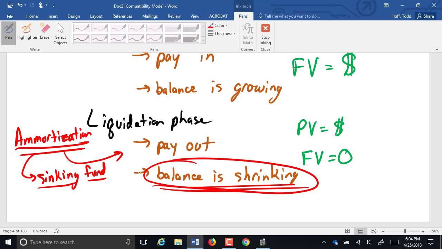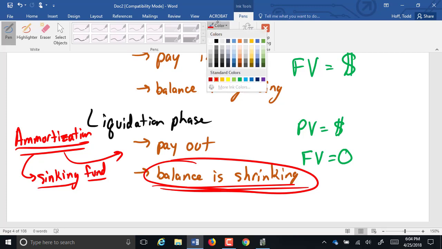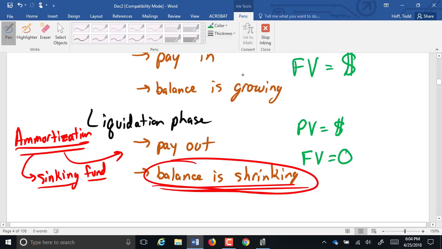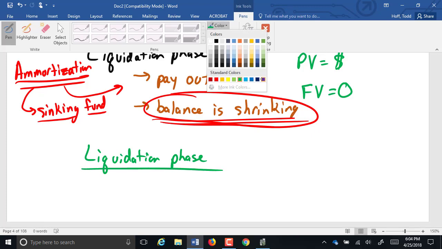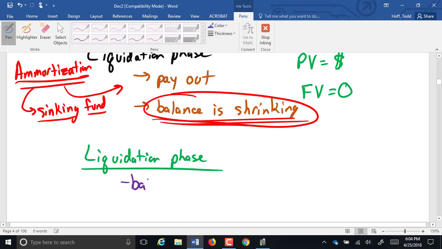But yeah, exactly. Now there is such a thing as a liquidation phase where the balance does not shrink. In other words, the balance stays constant or even grows.